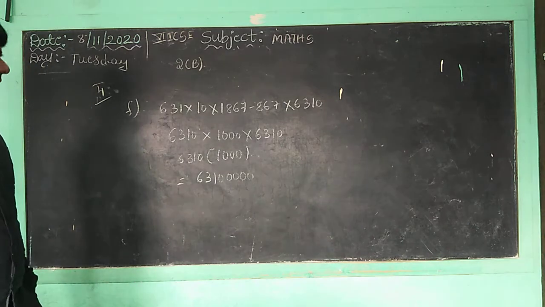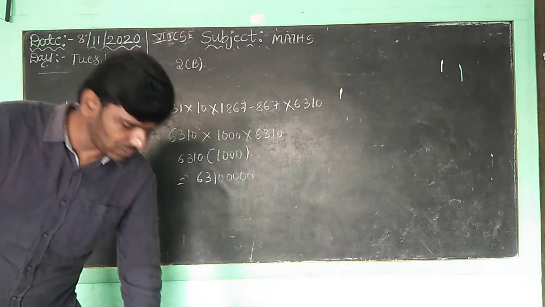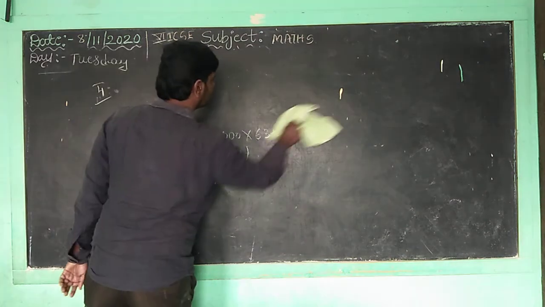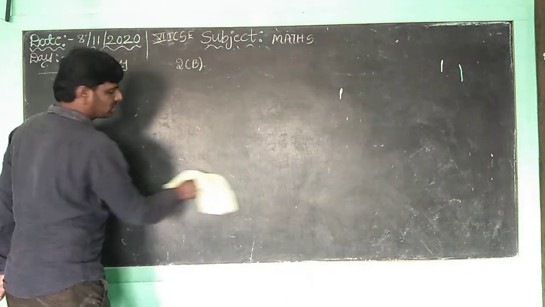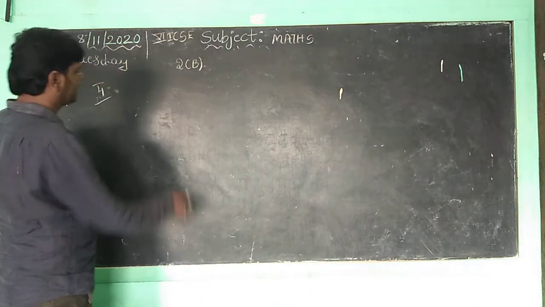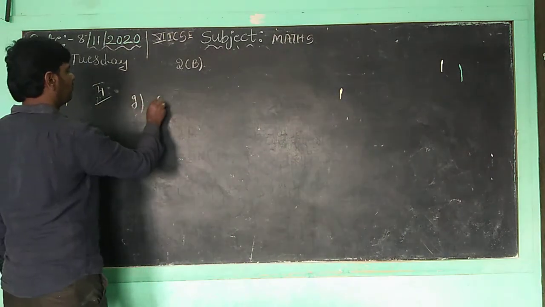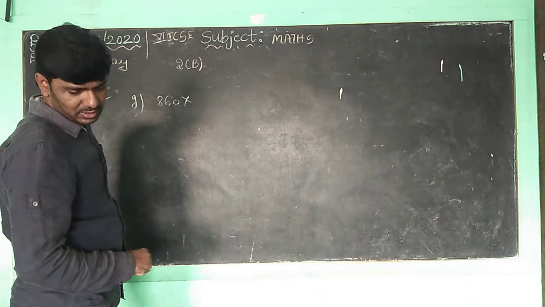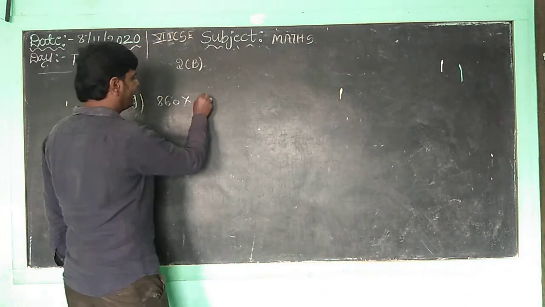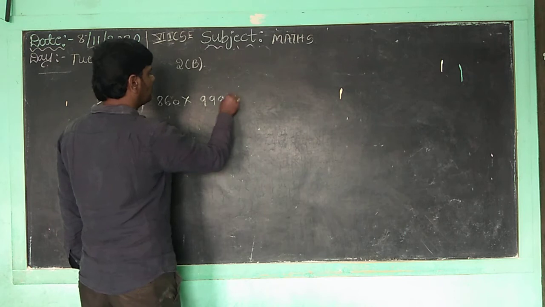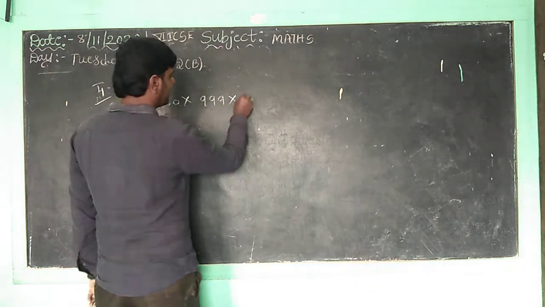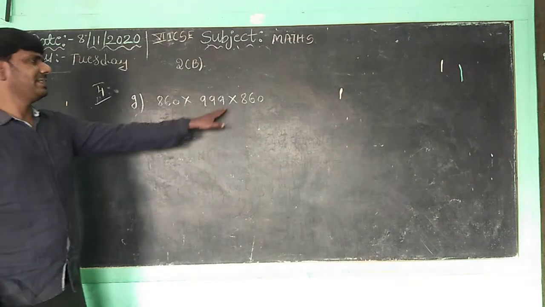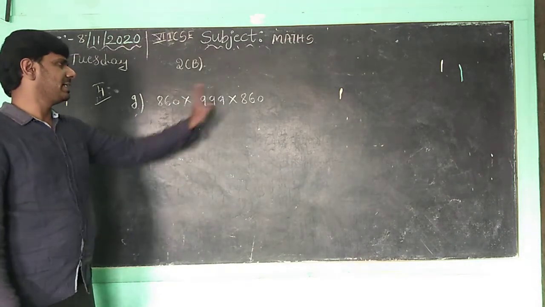Correct, students? Now we want to take F question. There also F is over. G. What is that, question about G? 860 into 999 plus 860 into 1. Correct, students? So, students, here 999 is there, and 860 and 860 is there.